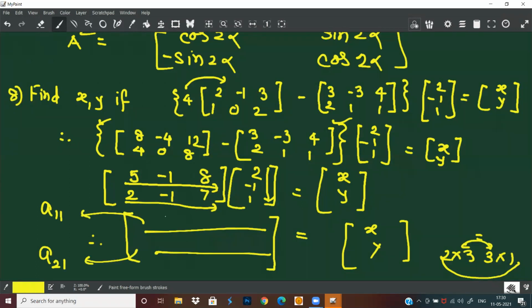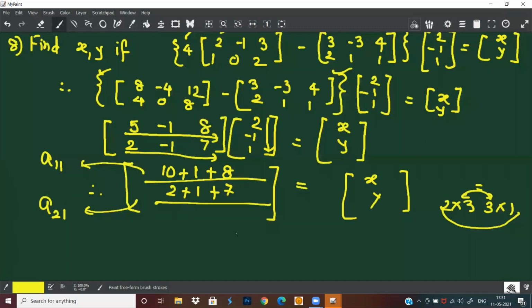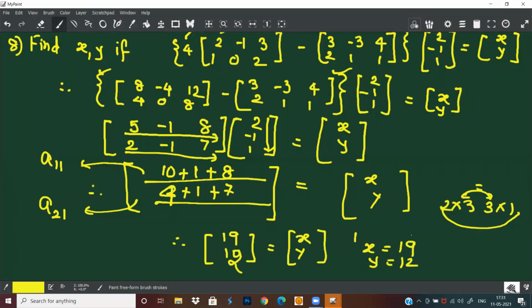सो it is 5 into 2 plus -1 into -1 plus 8 into 1. सेकंड के लिए है 2 into 2, -1 into -1, 7 into 1. ये 4 आएगा ना, यार 2 नहीं है, 4 है. 2 into 2 है, 2 into 2. तो ये हुआ है मेरा 12 x and y. सो इक्वालिटी ऑफ मैट्रिसेस से मेरा x आ गया 19, y आ गया 12 प्लस. आया? सुपर.